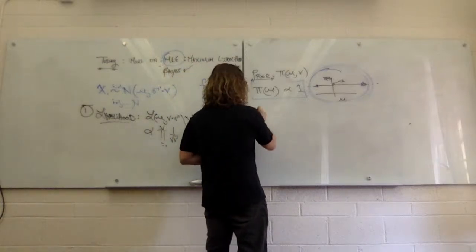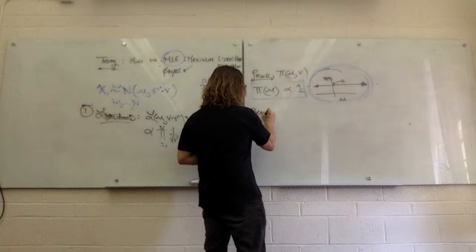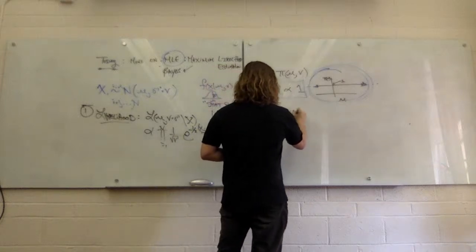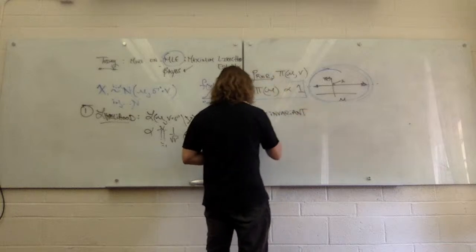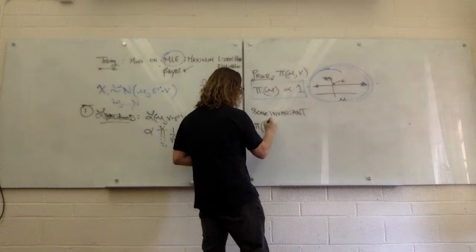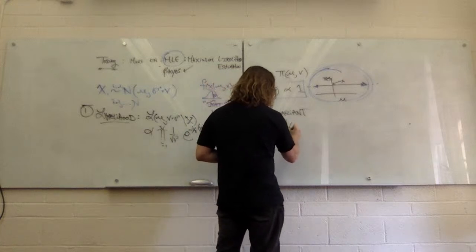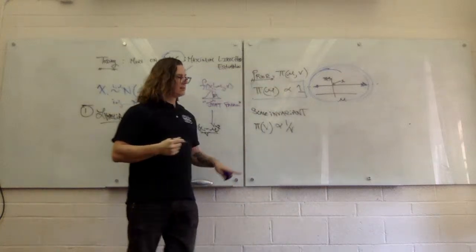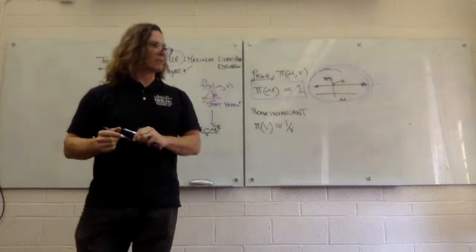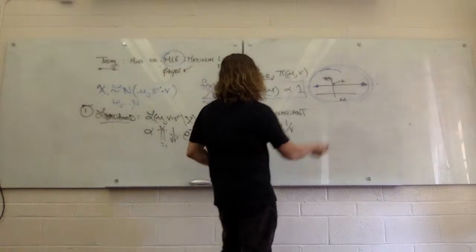So this is scale invariant. Let's just write down my prior distribution on V is proportional to 1 over V. This is a scale invariant distribution. This is shift invariant.